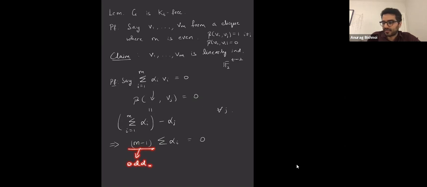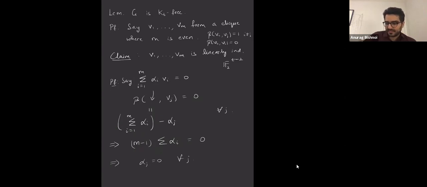And we are working over the binary field, over F2. So this thing is non-zero, which implies that the sum of alpha i should be 0. And now you just plug in this sum equal to 0 back in these equations. So this thing is 0 in all of these equations, which implies alpha j is 0 for all j. Very simple proof. And basically the same thing that we did before.